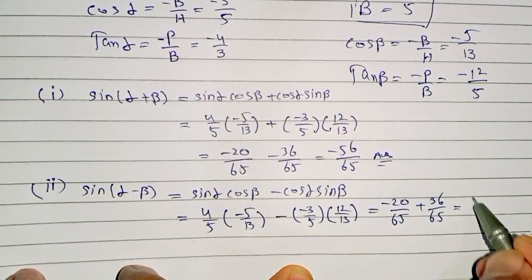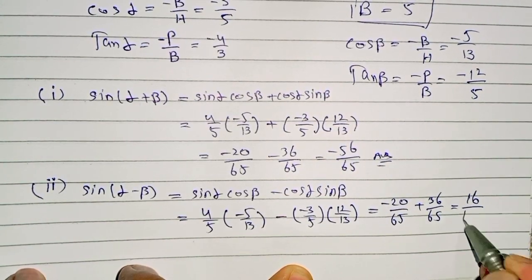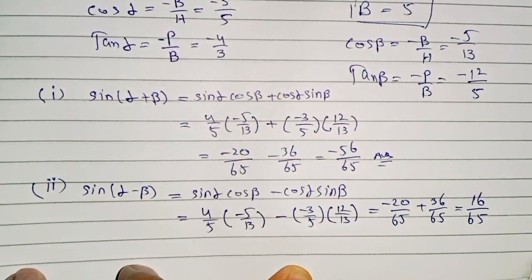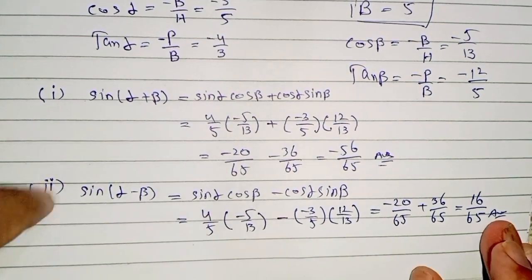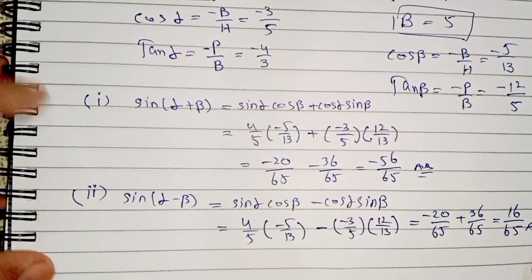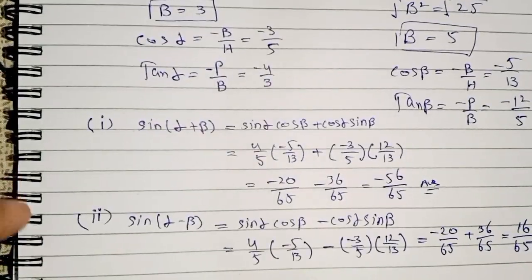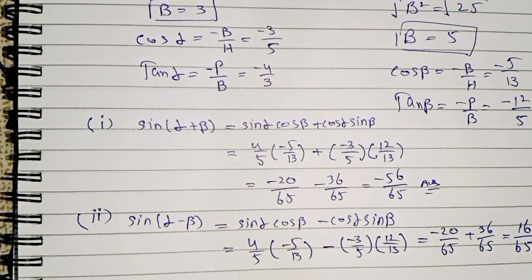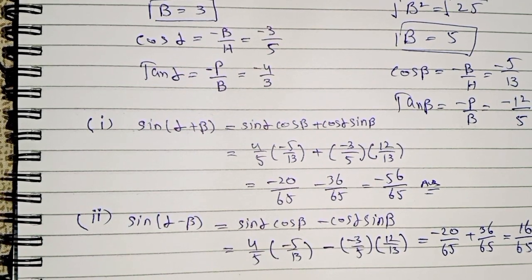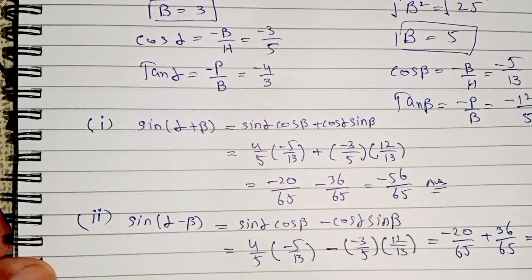Taking LCM, we obtain 16 over 65, which is the required answer for sine of alpha minus beta. Similarly, we can find cos of alpha plus beta, cos of alpha minus beta, tan of alpha plus beta and tan of alpha minus beta.